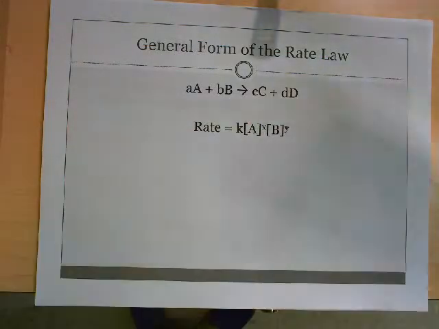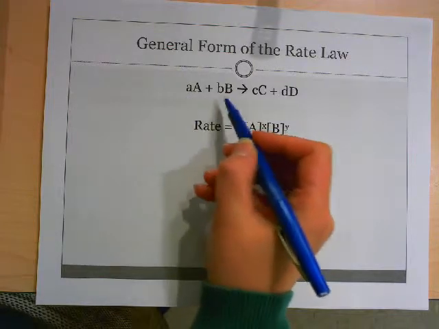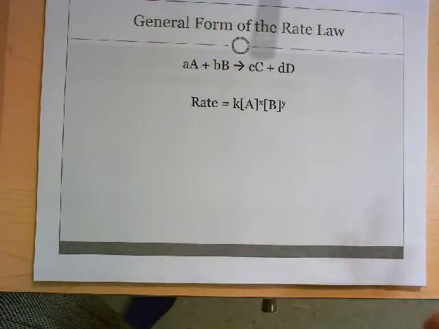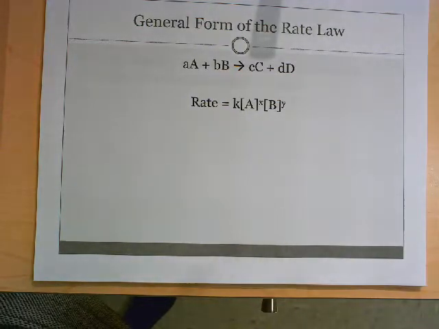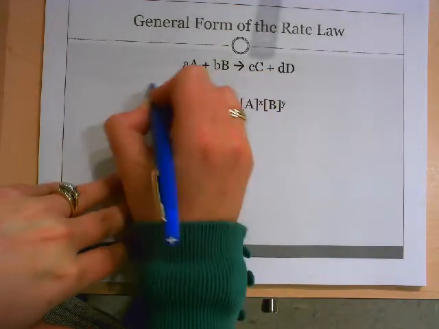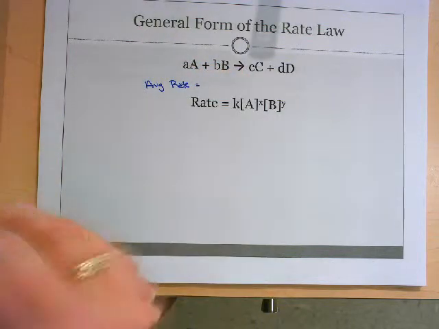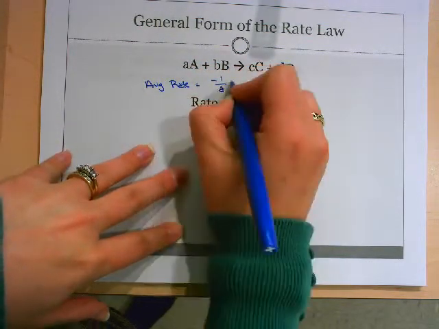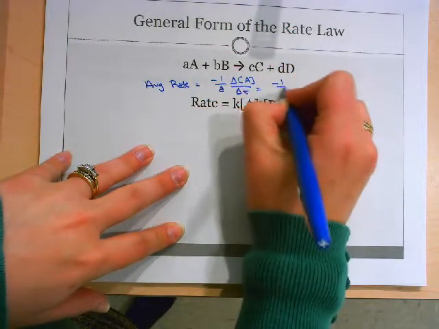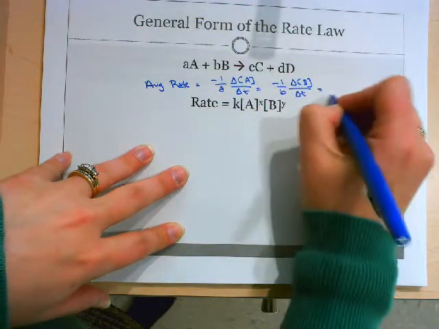So here's my general form of the rate law. So let's say I have AAs and BBs make CCs and DDs. This, you can see, is different, right? If I was looking at average rates, it would be, right?